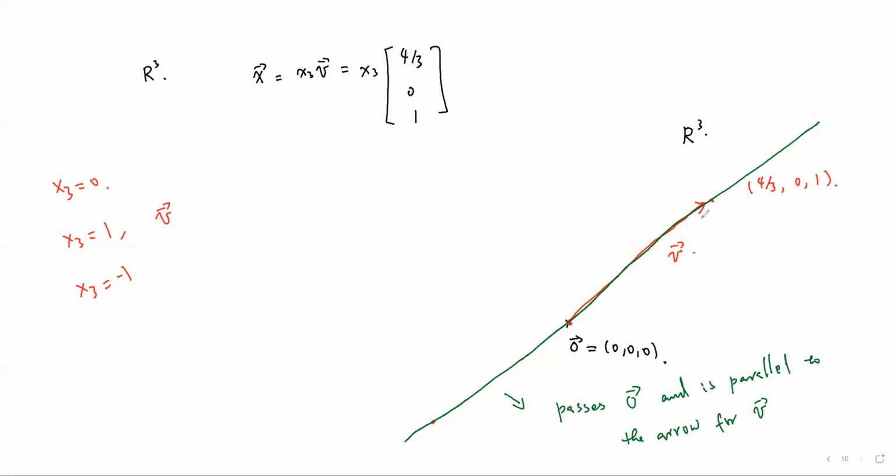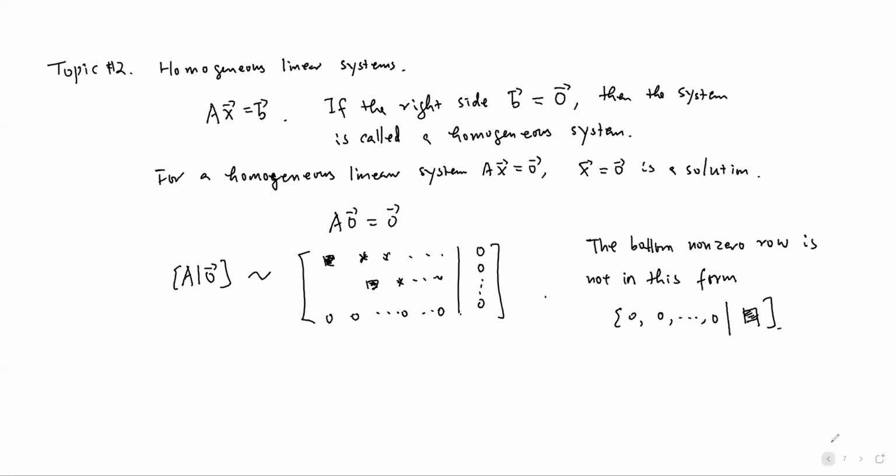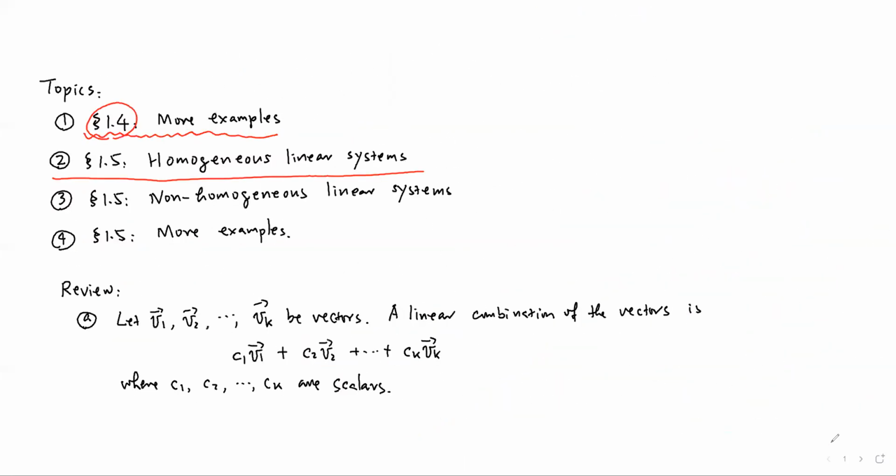Topic 2 is done. Now topic 3. What is topic 3? Non-homogeneous linear systems.